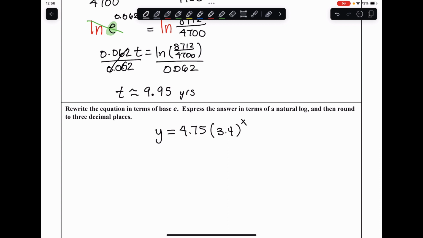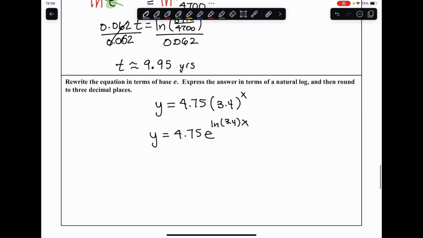To rewrite this equation in terms of base e, we start by replacing the 3.4 with e raised to the natural log of 3.4 times x. That's the first part, expressing the answer in terms of natural log.